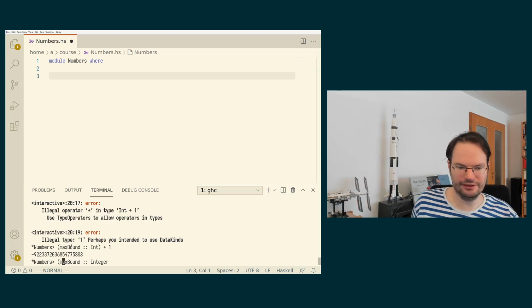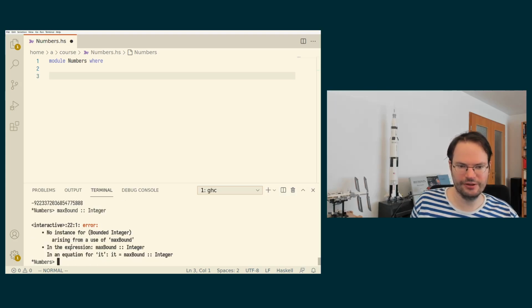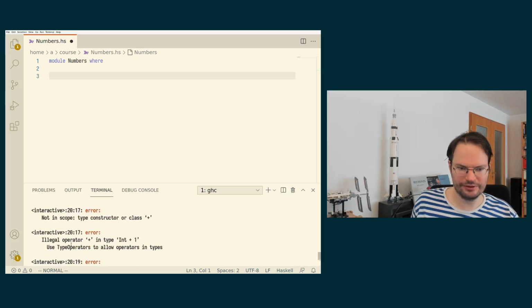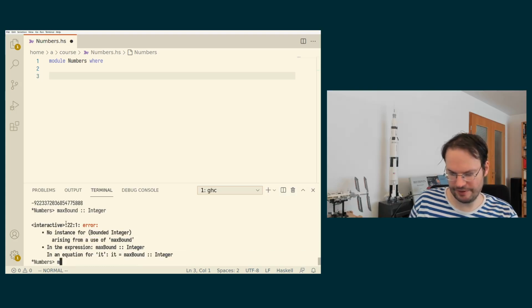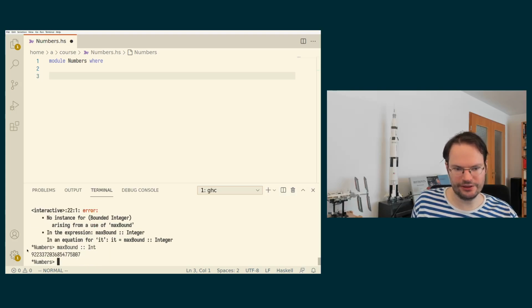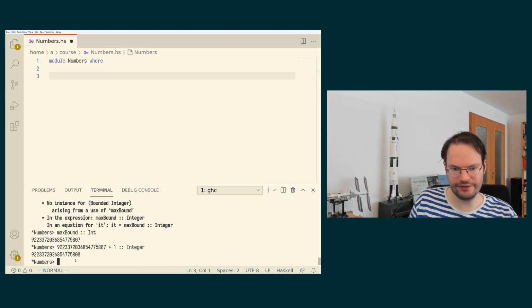So if we ask for the maxBound of Integer, this is not an instance of the Bounded class. And if we take the maxBound of Int, and I just copy this number, and I add 1 to it, and I say I want to treat this whole thing as an Integer addition, it's perfectly fine. And I can get far larger numbers.